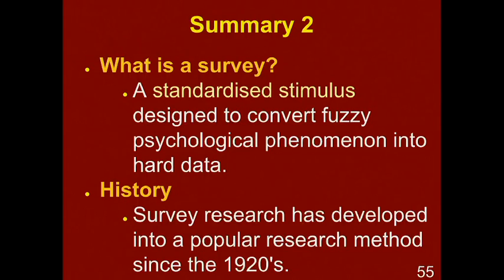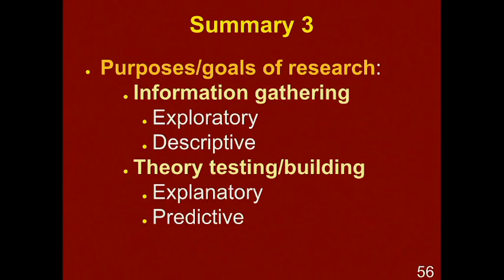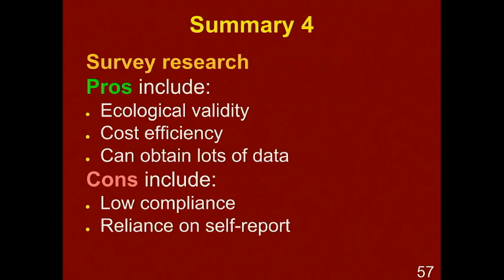Surveys have been around for about 100 years, but survey science, as a good solid science, has only been around since about the 1980s. We can use surveys to gather information or to test and build theory, and make sure you can distinguish between exploratory, descriptive, explanatory and predictive. Know your pros and cons. Pros: ecological validity, cost efficient, can get lots of data; downsides: low compliance and self-report.